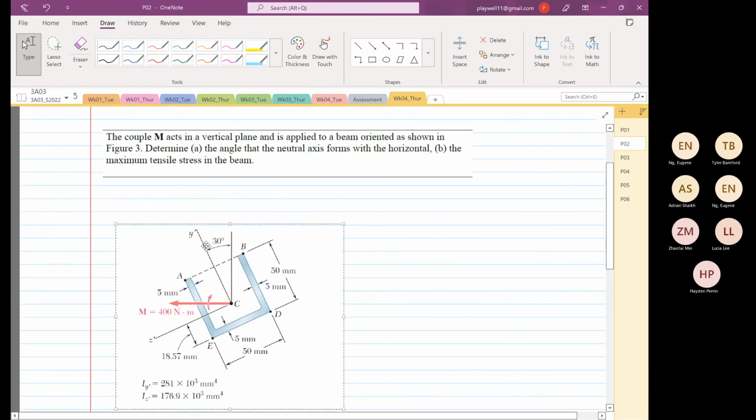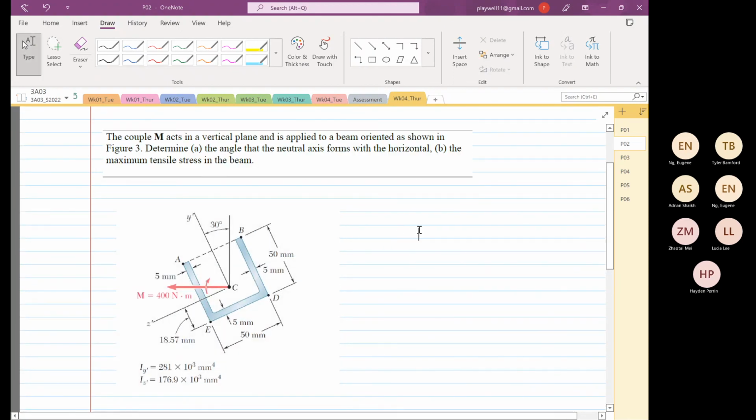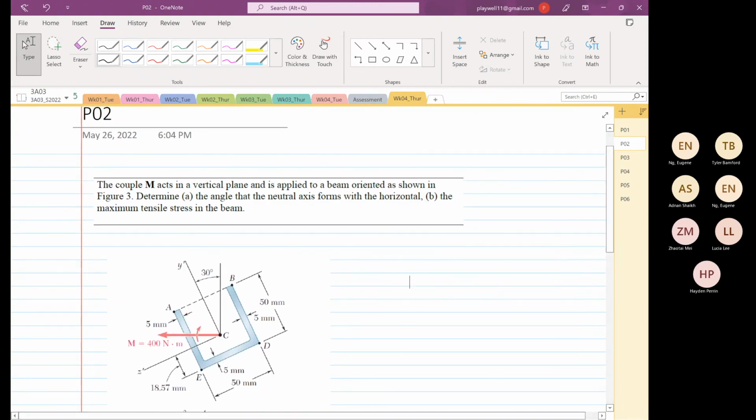So this is the orientation of our structure.